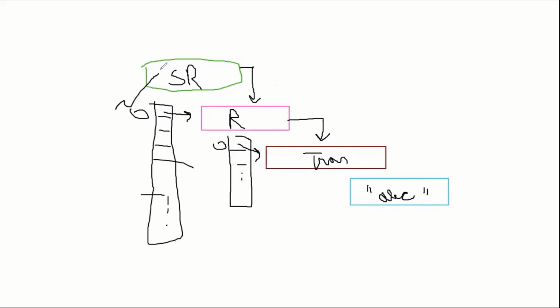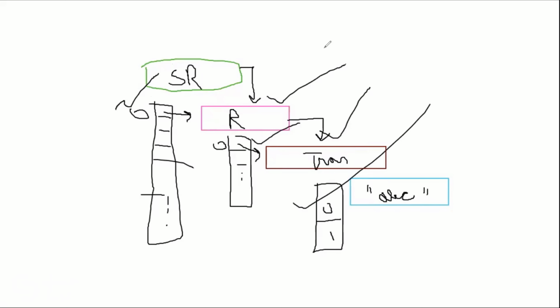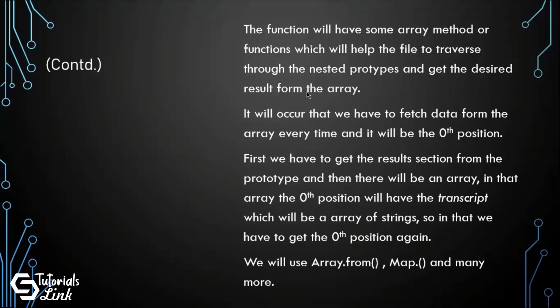First the 0th position, then the result, then this, and then the 0th position, and again there will be two arrays, the 0th and the 1st, and inside the transcript we have to fetch this thing. So our main result will be this, but getting this particular thing. I hope this is somewhat clear, but if not, we will do this in our next part.